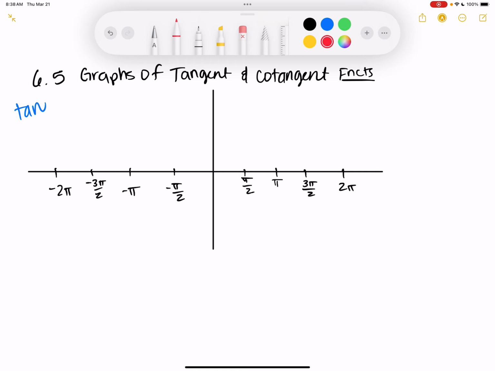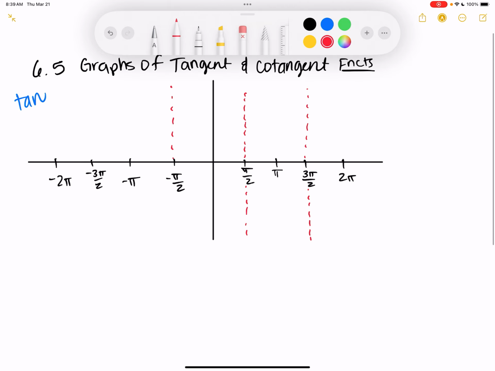Okay, so that means that our graph will not be able to cross that, and so we have vertical asymptotes at increments of pi over 2. So those are dotted lines, not solid.